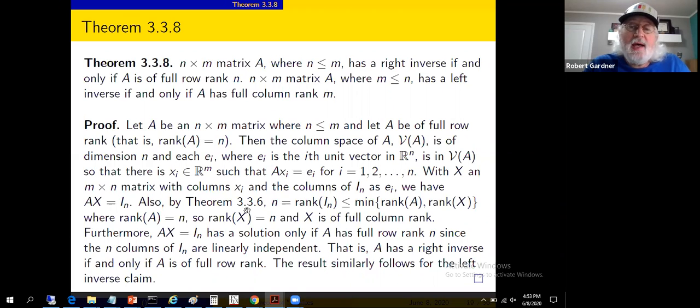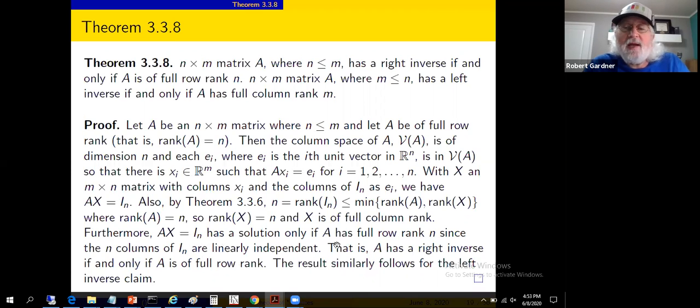If this has a solution X, then when we plug in x sub 1, we're getting out the first column of I sub n. We plug in x sub 2, we're getting out the second column. So this is only going to happen when we take linear combinations of the columns of A and we're producing the basis of I sub n, and so we have to produce the whole space Rn. That is, A has to have full row rank n due to the linear independence of the columns of the identity matrix, is how it's said here.